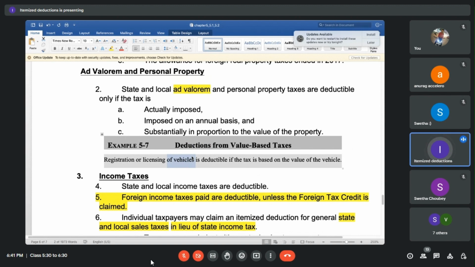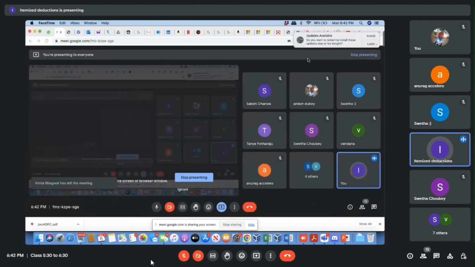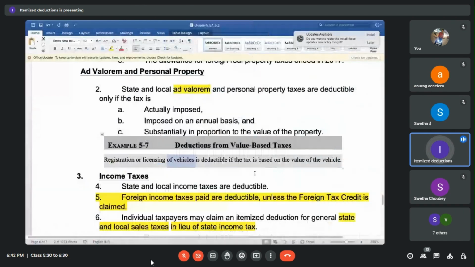According to them, the value is so and so, and you have to pay taxes. A lot of times the client will give us the DMV statement saying this is what I have received. We should also take benefit of those taxes. Again, that is not very useful because there is a limit of $10,000. So whatever extra tax we put, it's not going to give us any benefit.